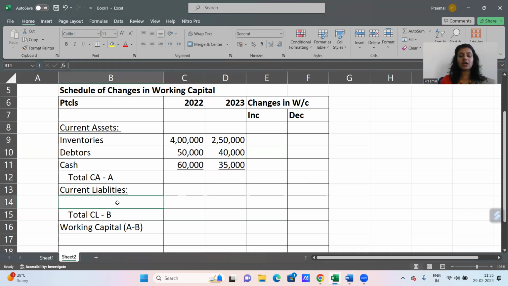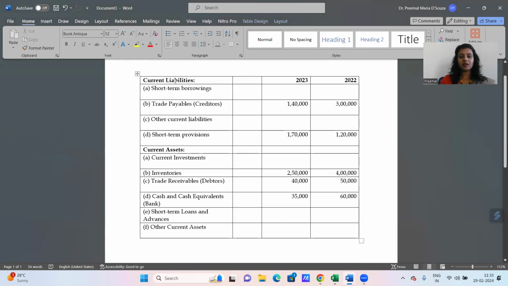Next, we will be moving on to the current liabilities. Under the current liabilities, we have creditors, which have a value against them, and short-term provisions. Over here, short-term provisions stands for provision for tax. Now, when we look at the 4th guideline, we need to remember that provision for tax is not considered a current item. The main reason being this involves appropriation of profits and hence we always treat it as a non-current item.